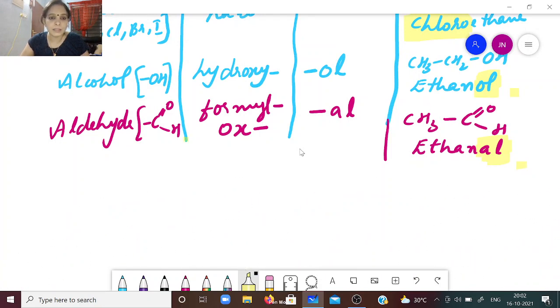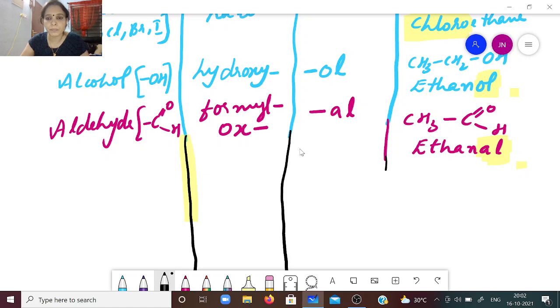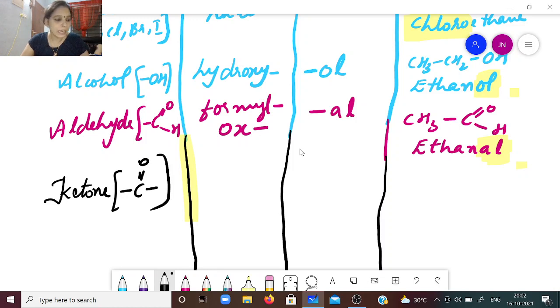Now next, after aldehyde I can show you ketone. And what is ketone? Ketone is C double bond O. Okay. And for ketone, if it is prefix, it is OXO. And if it is suffix, it is ONE.